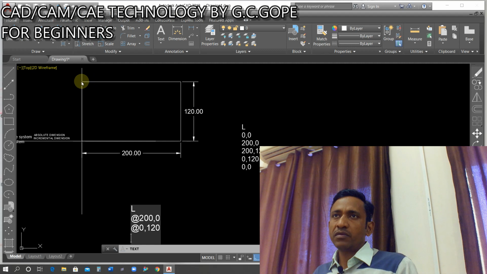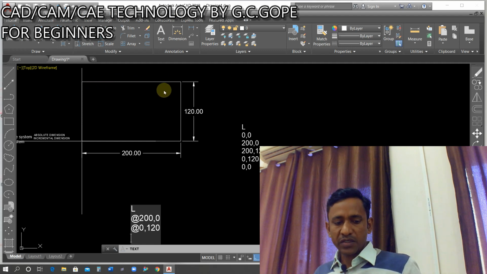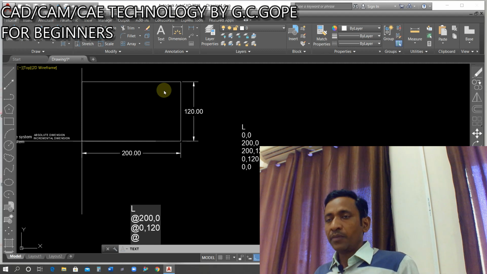For this vertex we have to go to the previous one. So this is the previous vertex, so we will start from this one, and we see that this one is traveling in the x negative direction. So shift plus 2 again I will press. As many times as you use incremental dimension, that many times you have to put the at-the-rate.